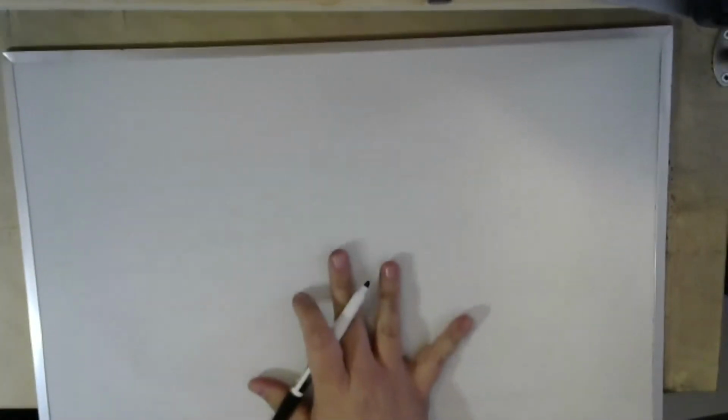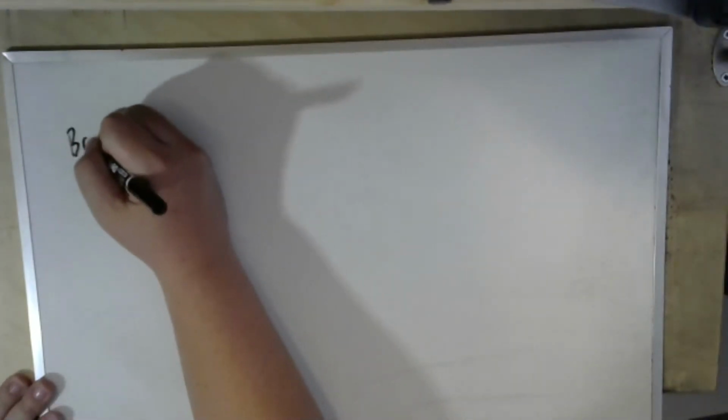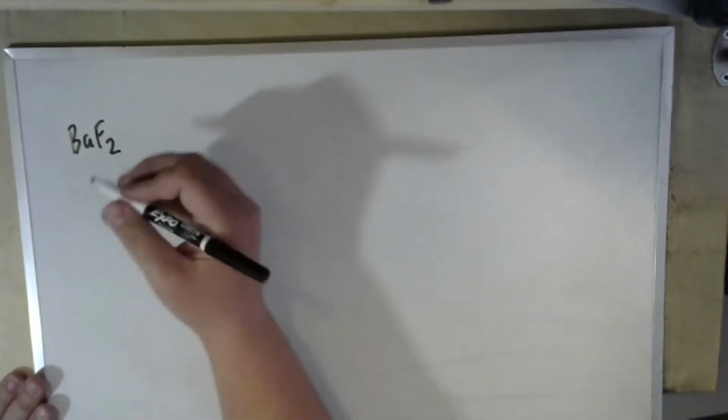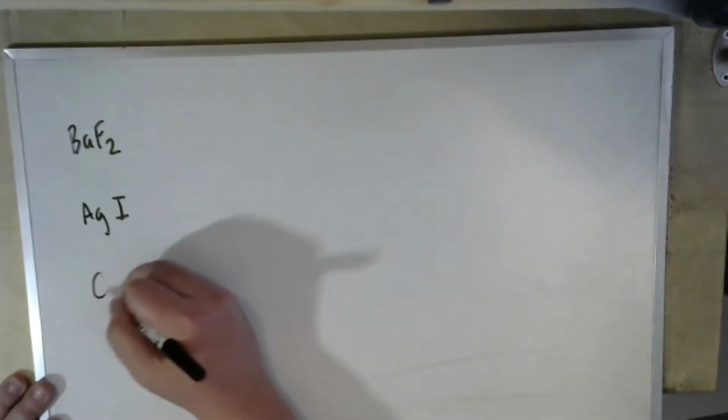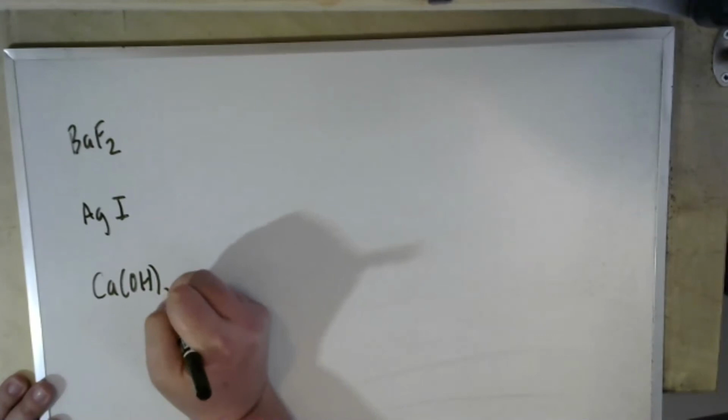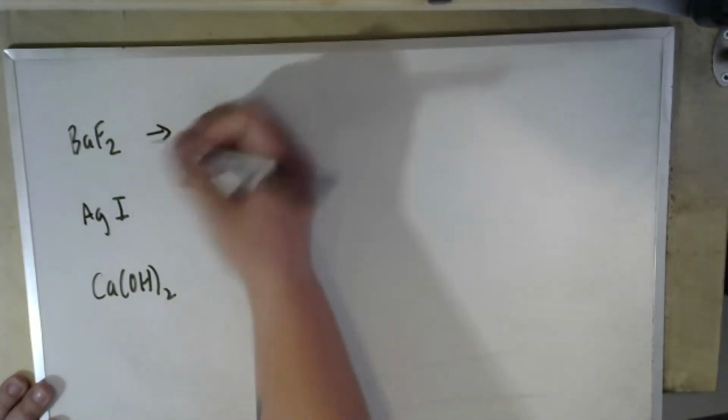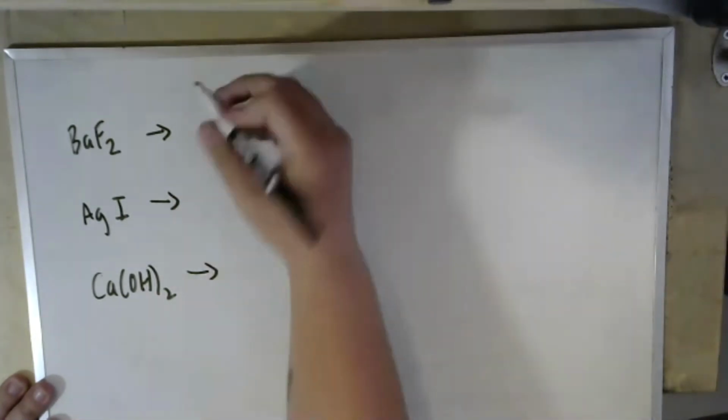All right. So for part one, we've got BaF2, AgI, Ca(OH)2. Okay, so we're going to look at the separation of each of these into their ion components.